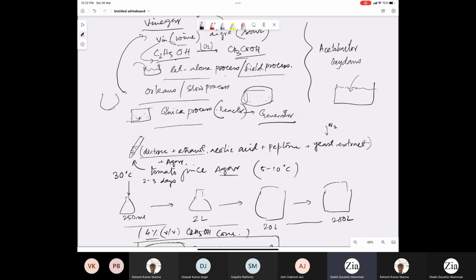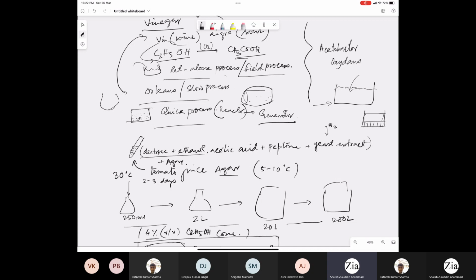So, a little bit quicker process is a system where either you can supply air or you can create the system in such a way that even if you don't have an active supply of air, you will have a passive supply. Passive supply means suppose you have a system where this liquid is kept in a specific manner in a tank and you also have a false bottom.